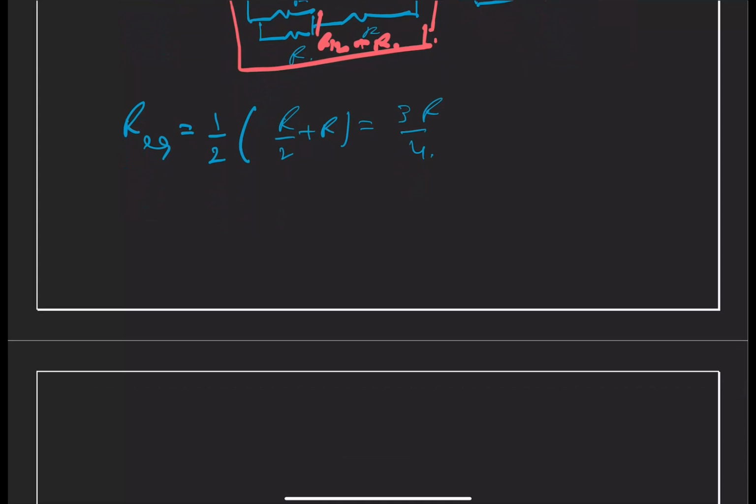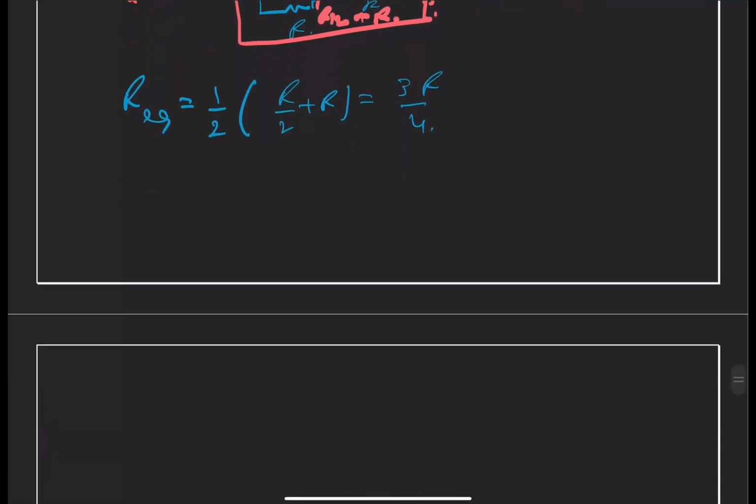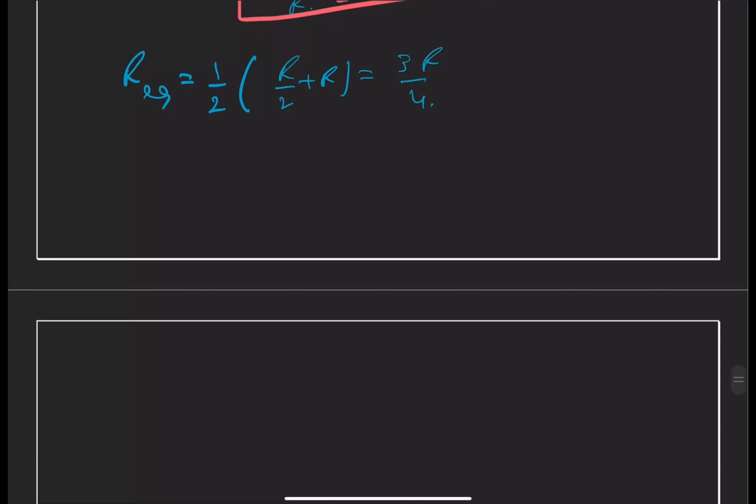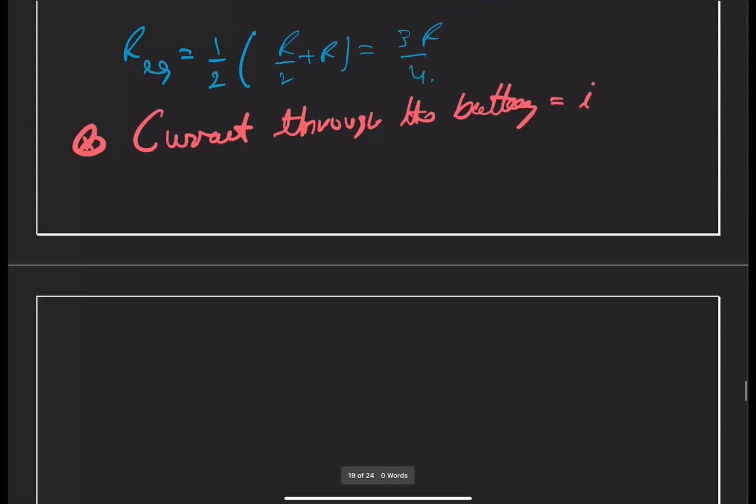Now if I is the total current in the circuit, then the current through the battery is I, so we can use Ohm's law.